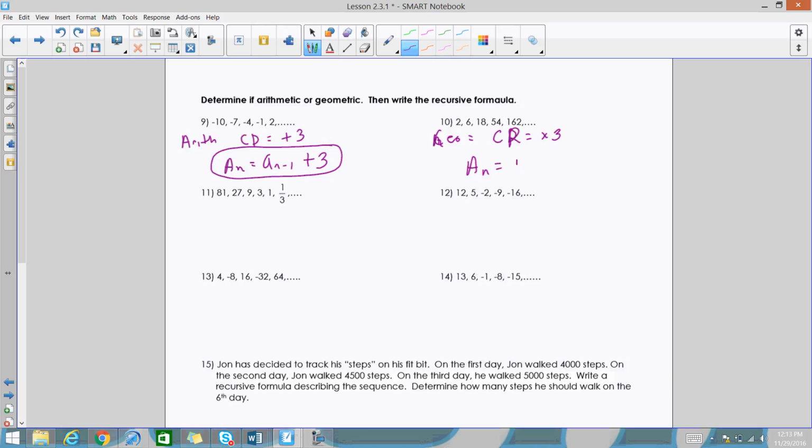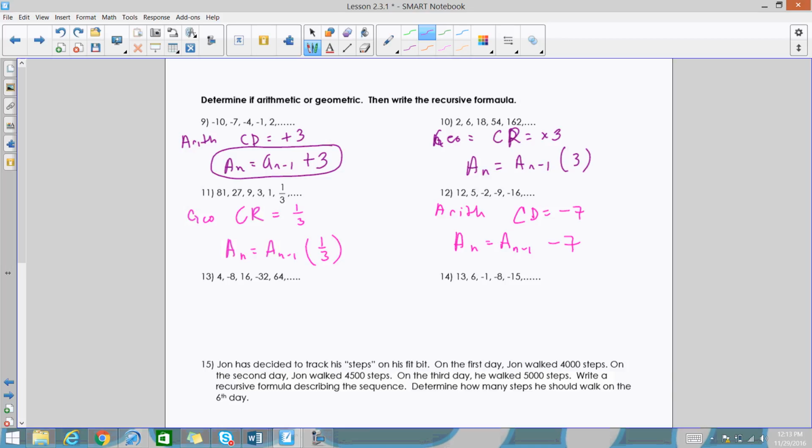So a sub n equals a sub n minus 1 times 3. Here, this is geometric, and your common ratio is 1/3. So a sub n equals a sub n minus 1 times 1/3. This is arithmetic. Your common difference is minus 7. So it's a sub n minus 1 minus 7.